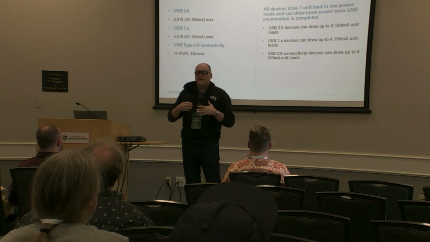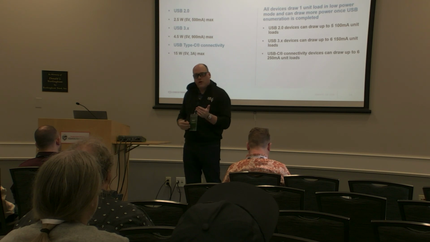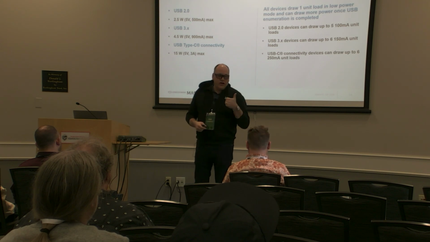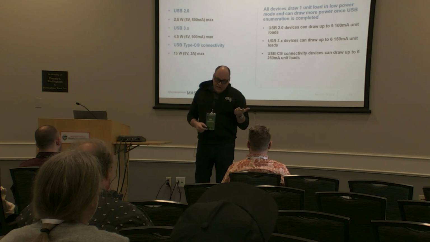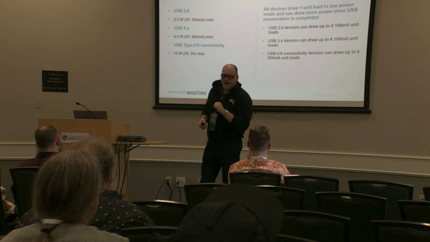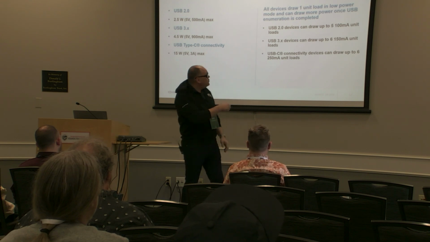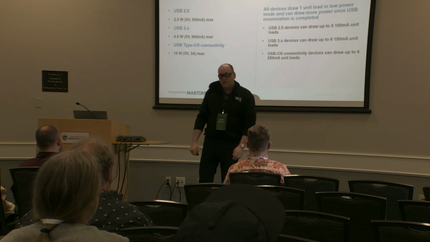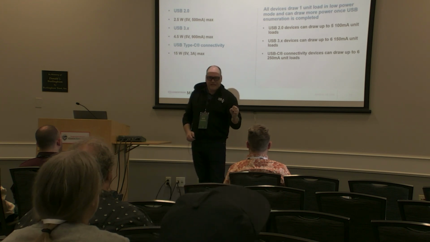Each USB version has a different spec for what that load is. For USB 2, a unit load is 100 milliamps. For USB 3, it's 150 milliamps. USB 2 only has 5 total unit loads, so that's how you get your 500 milliamps: 5 unit loads of 100 milliamps each.